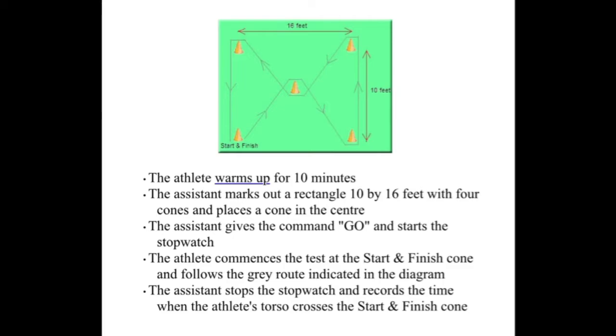The fourth is the athlete commences the test at the start and finish cone and follows the grey route indicated in the diagram. The last is the assistant stops the stopwatch and records the time when the athlete crosses the start and finish cones.